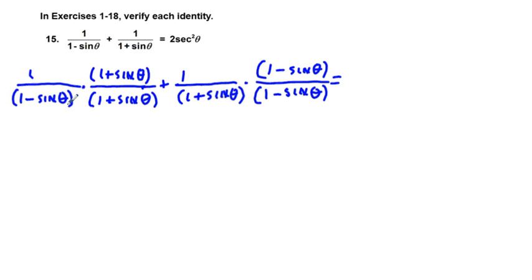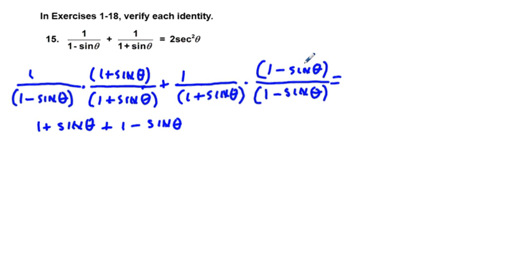Let's go ahead and work this out. We have a common denominator, so we're going to have 1 plus sine theta plus 1 minus sine theta. Okay, you see that?